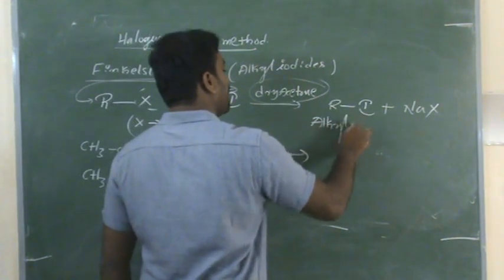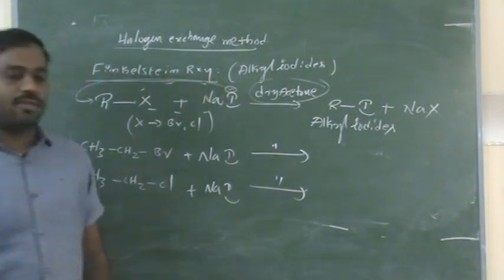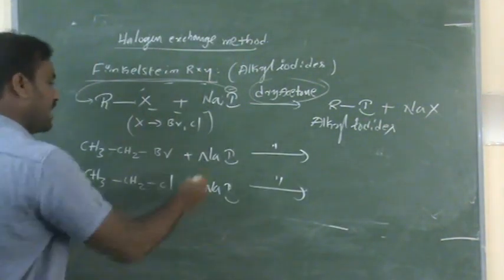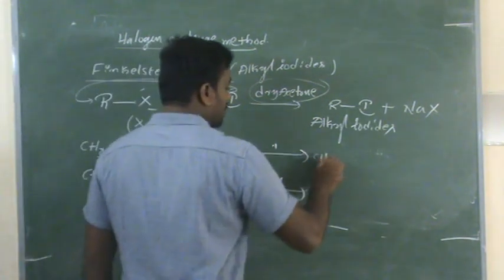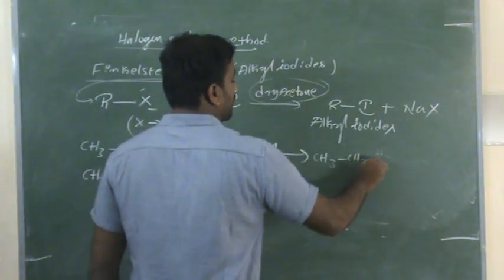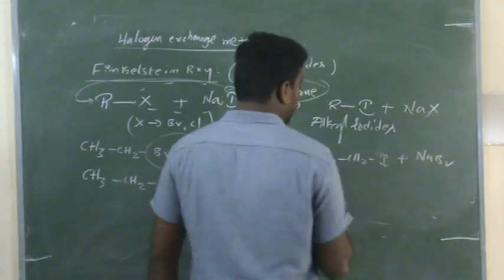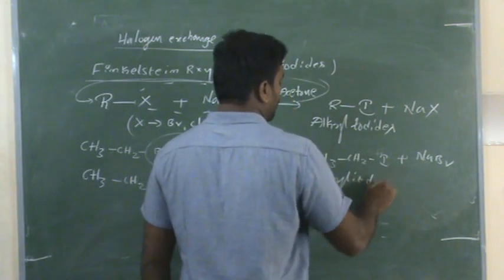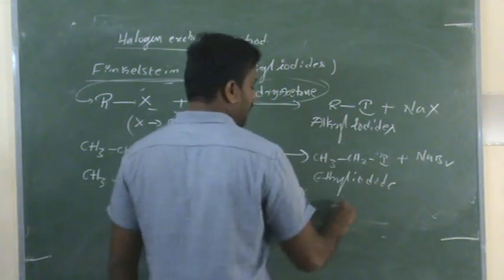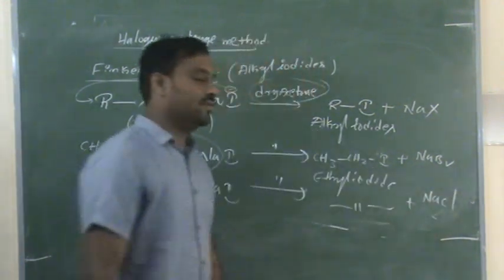RI is nothing but alkyl iodide. In the same way, if you take removal of NaBr, there is formation of CH3CH2I plus NaBr. This is also called ethyl iodide. The same product we get, but the byproduct becomes NaCl.